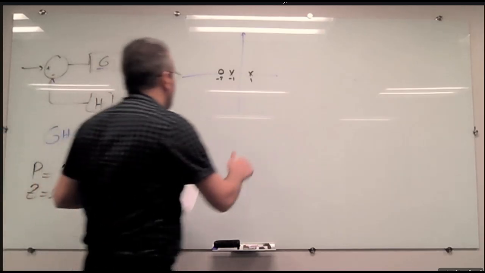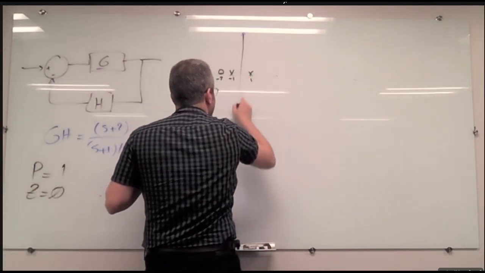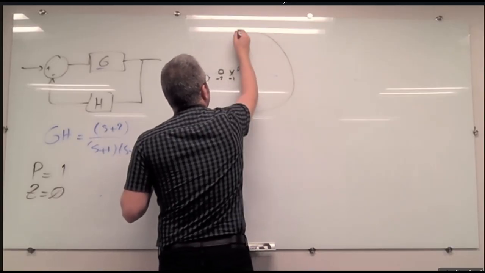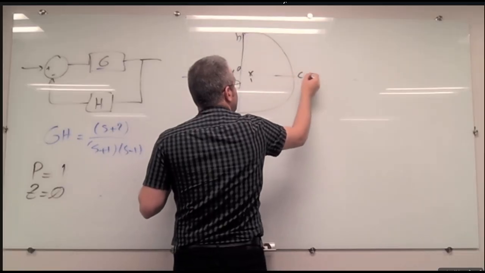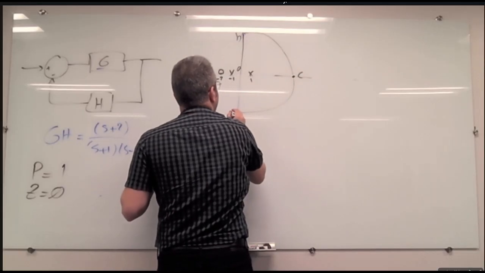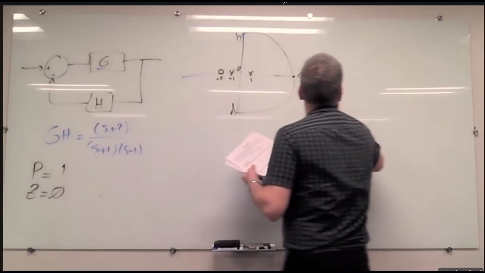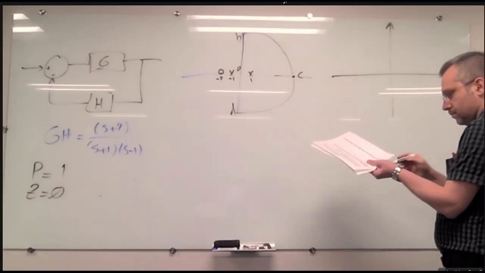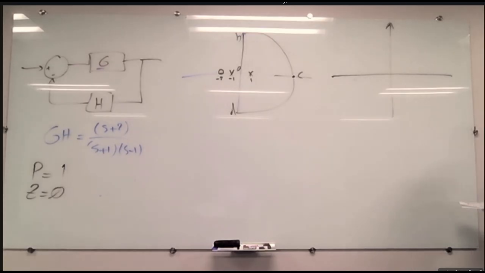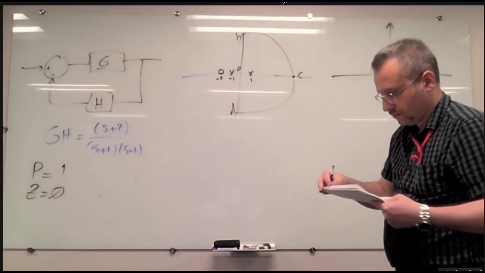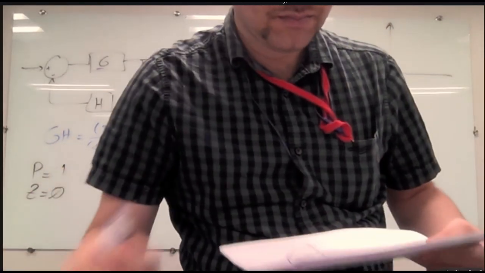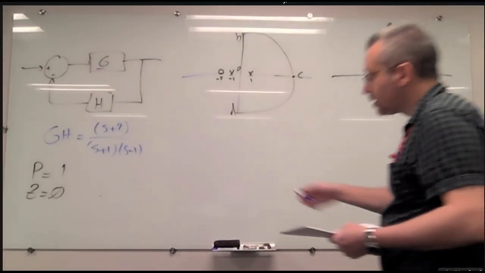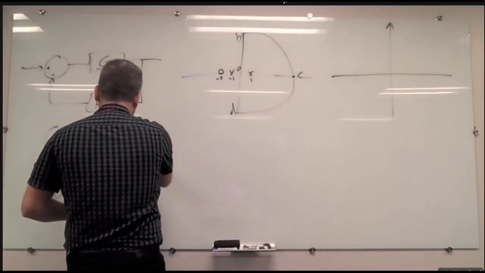Now, we wanted to map this contour A, B, C, and D into the T domain. In A, let's first find out what's going to happen in our system.